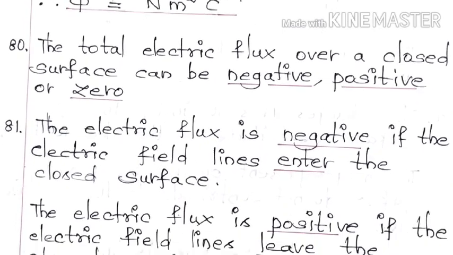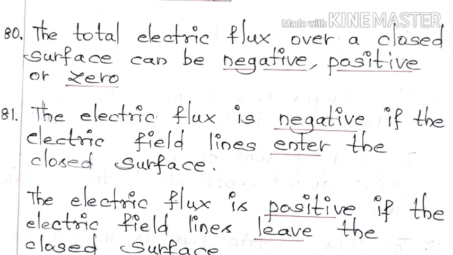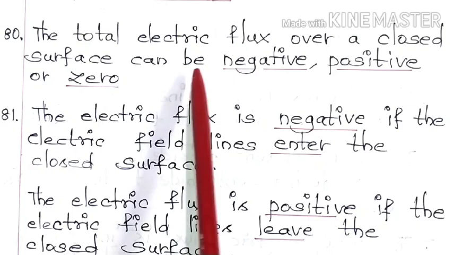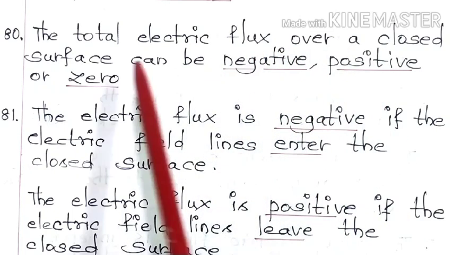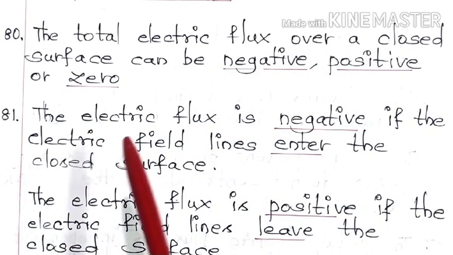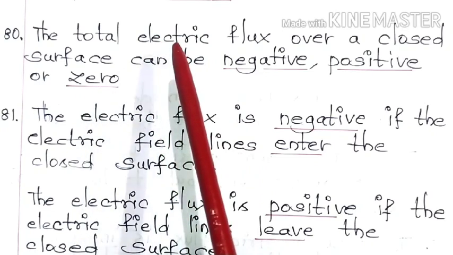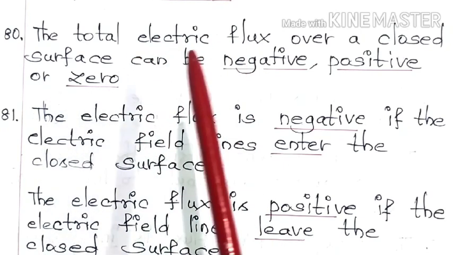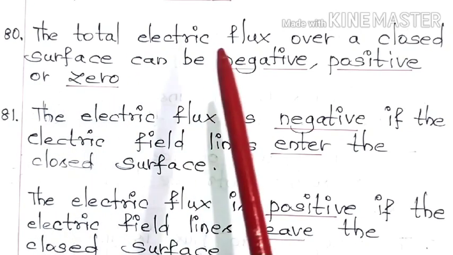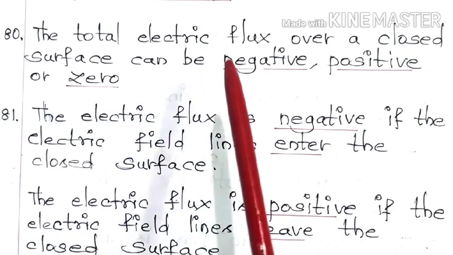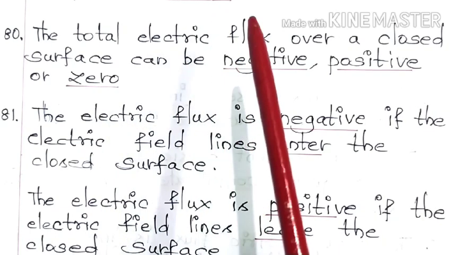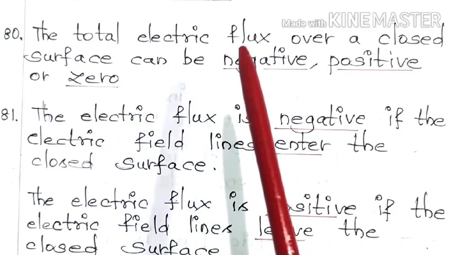Next point is the total electric flux over a closed surface. We have already defined electric flux. The number of electric field lines passing through a given surface which is placed perpendicular to their direction is known as electric flux.